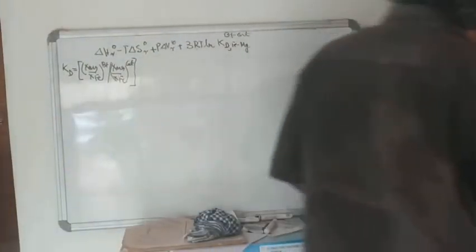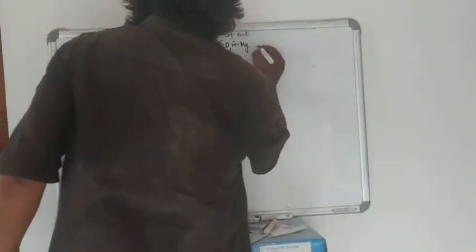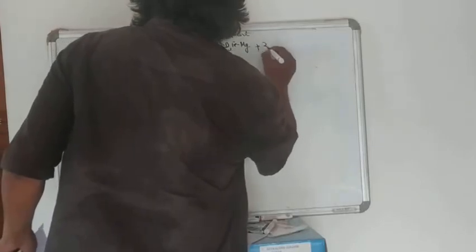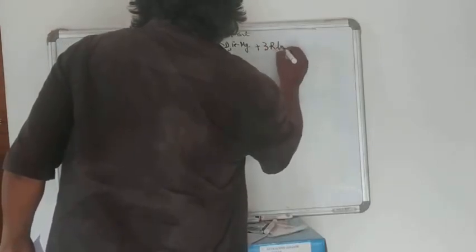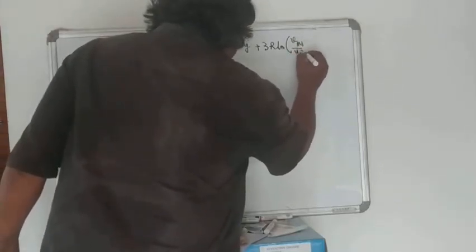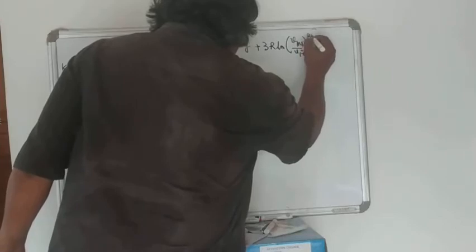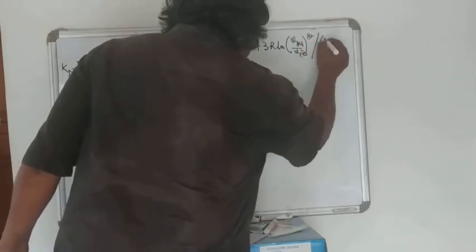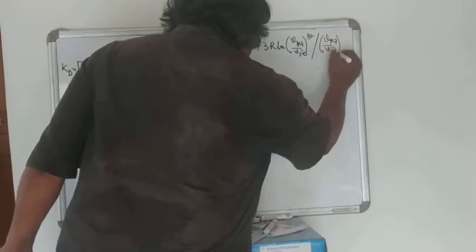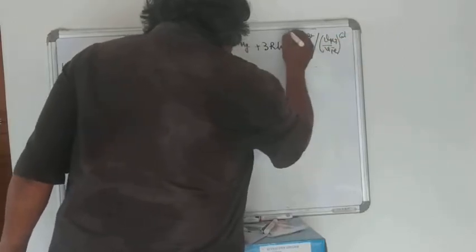And then we had the other term as plus 3RT ln (gamma Mg/gamma Fe in biotite divided by gamma Mg/gamma Fe in garnet).